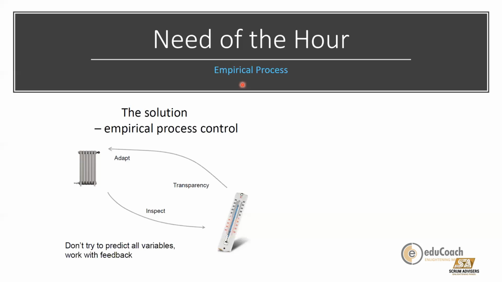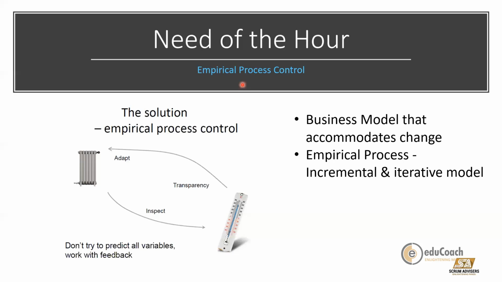The understanding of the engineers working on the project improves. The tools they are working on, they start understanding those tools better. So how can we predict everything upfront? It is not possible. So we need a business model that accommodates change.